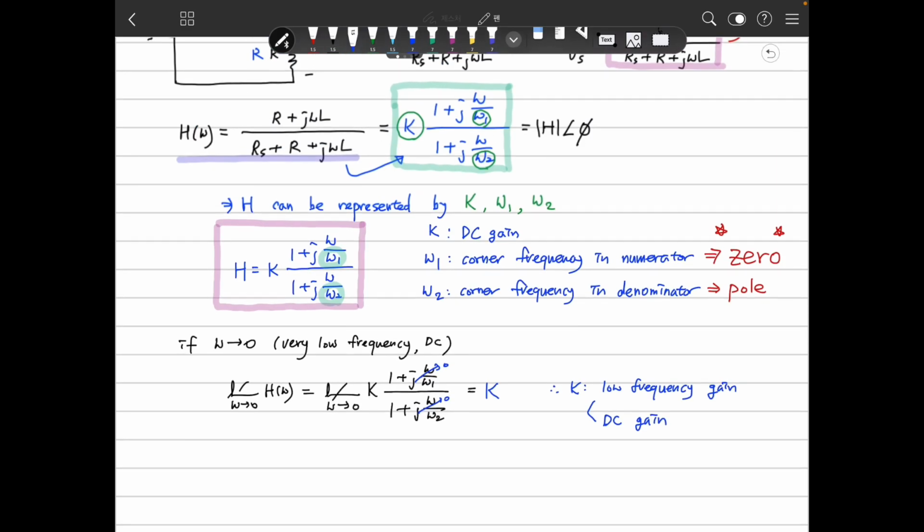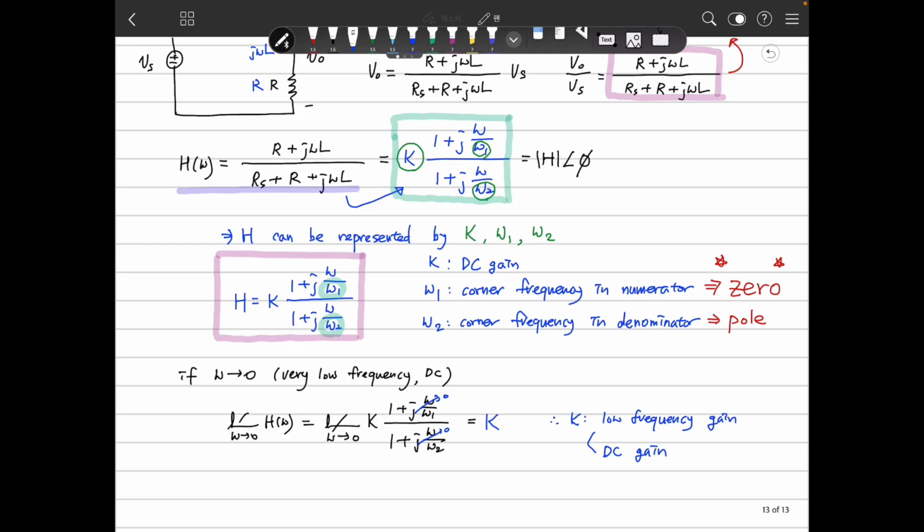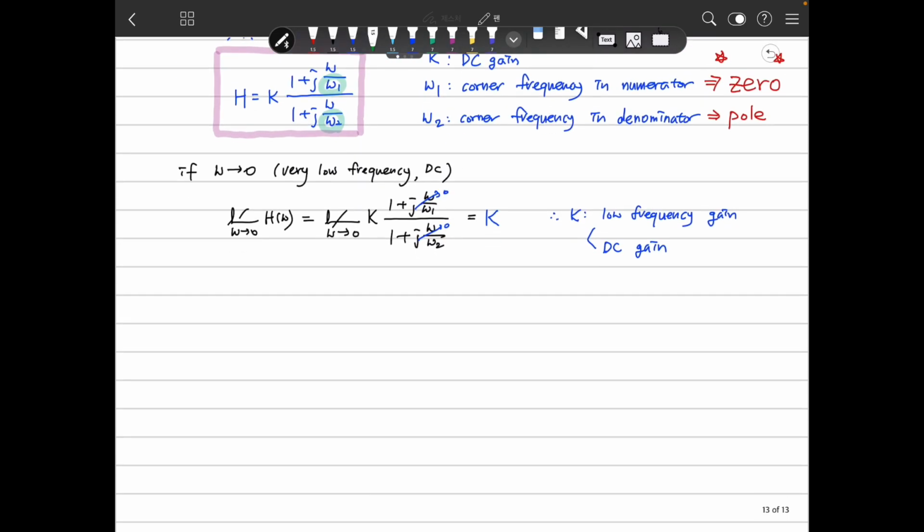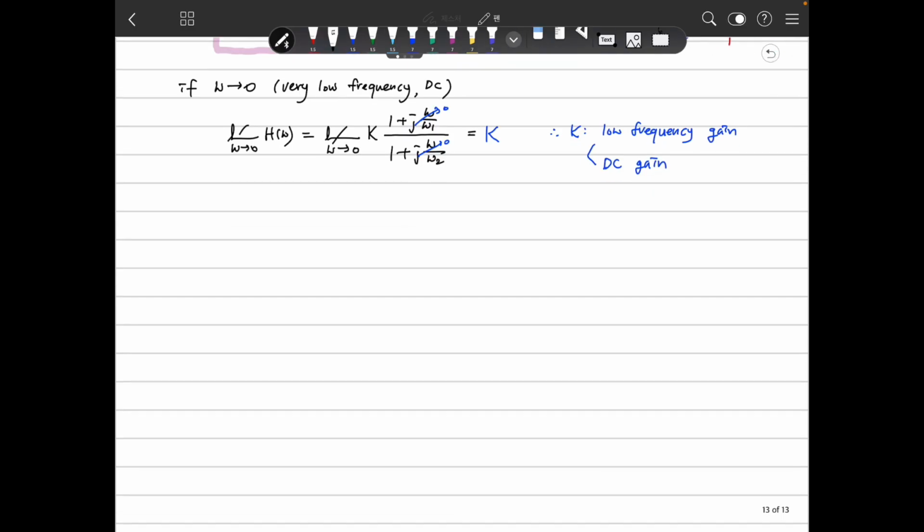So in this case, H was (R plus j omega L) over (Rs plus R plus j omega L).